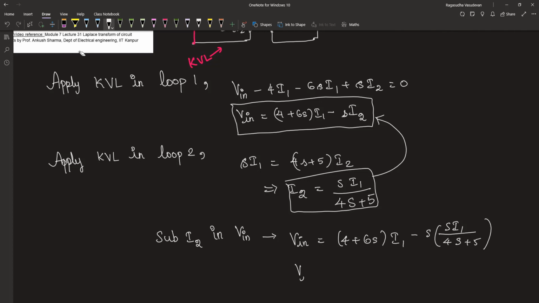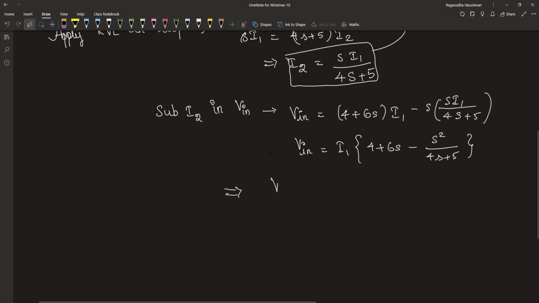So the input voltage would be, since we have I1 common in both the terms, we can take that out, and Vin is equal to I1 into 4 plus 6s minus s square divided by 4s plus 5.